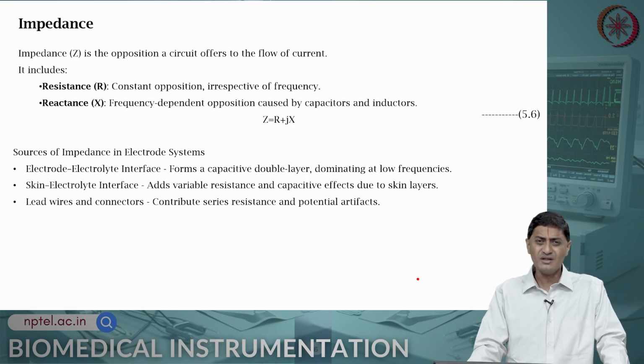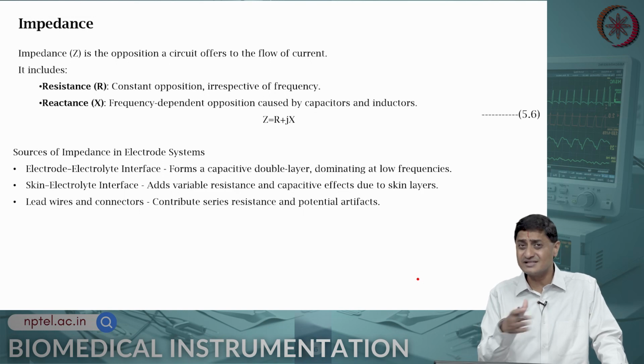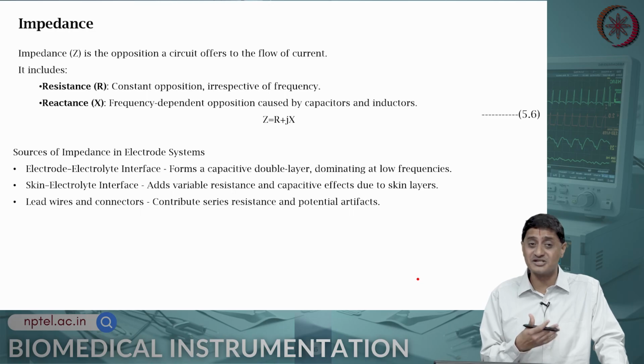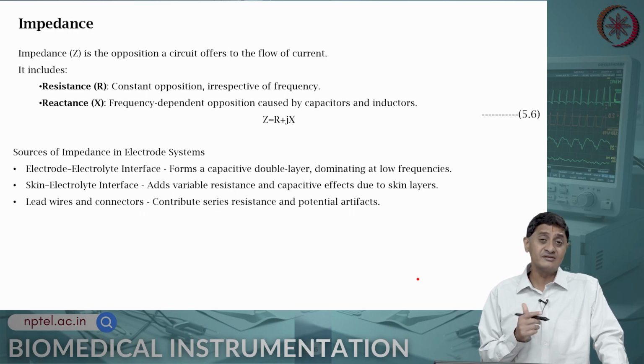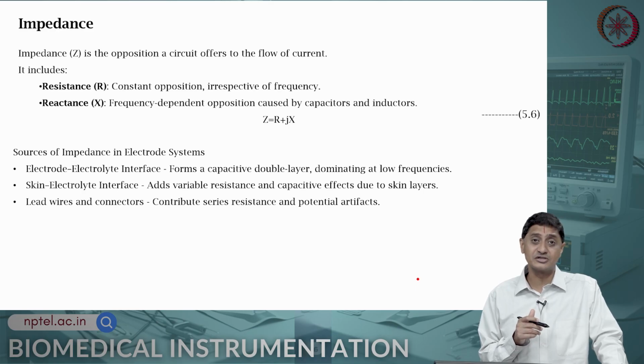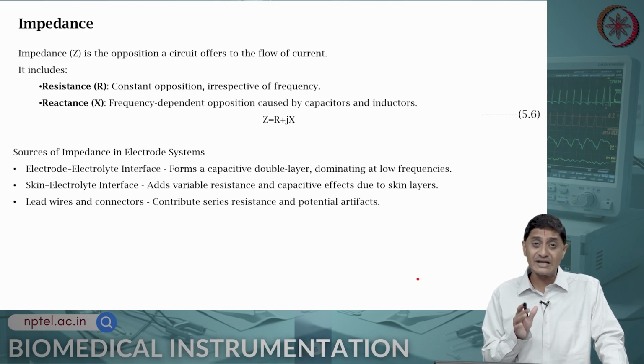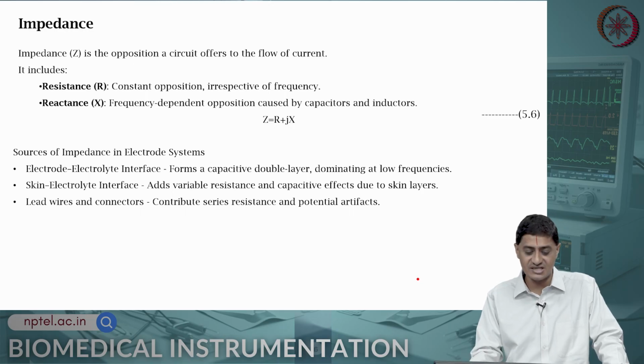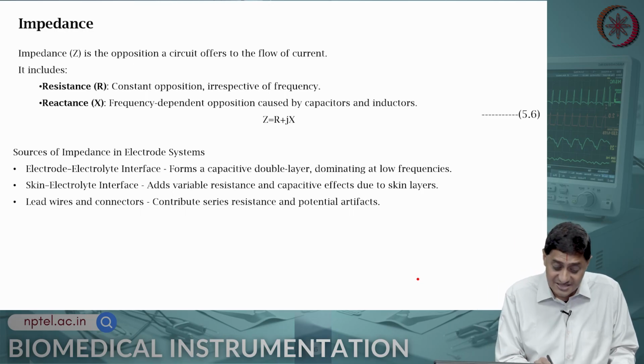Now, what are the sources of impedance, what is our interest? Our interest is not the traffic light. Our interest is biopotential electrodes and biopotential measurement. What is the source of this impedance in the case of biopotential electrodes? The electrode-electrolyte interface can form a capacitive double layer.